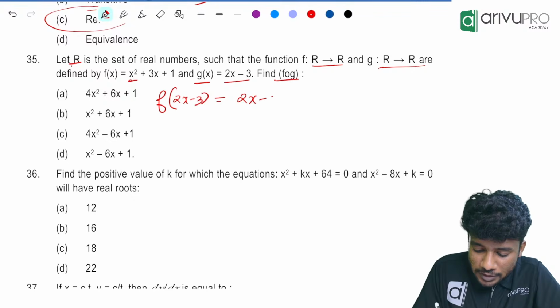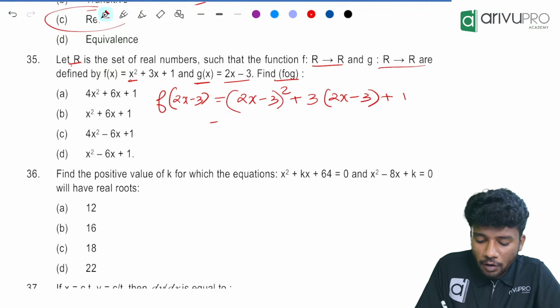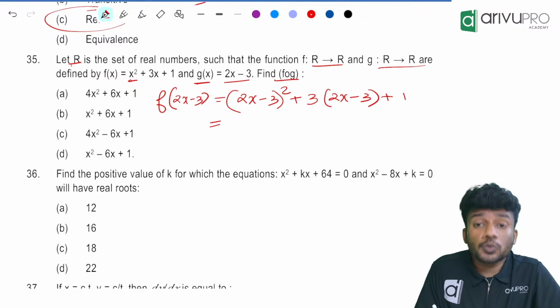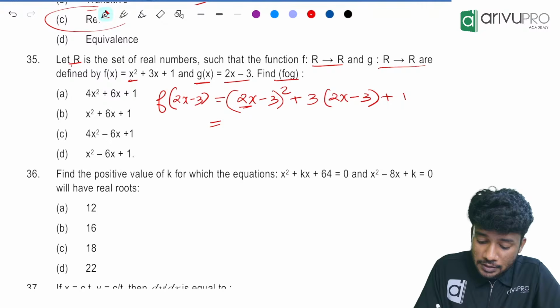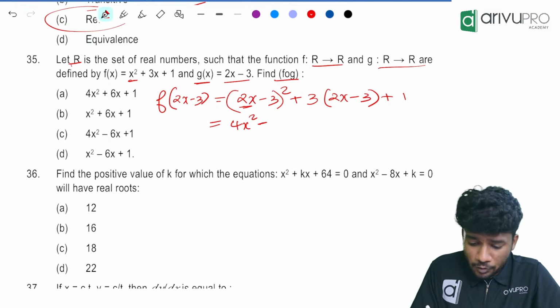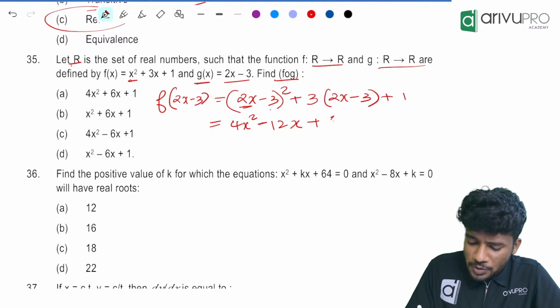That means (2x minus 3) the whole square plus 3 into (2x minus 3) plus 1. Open the bracket. It will become what, people? (a minus b) the whole square, that is (2x) the whole square, it will become 4x square minus 2 into 2x into 3, that is 12x, plus 3 square is how much? 9.